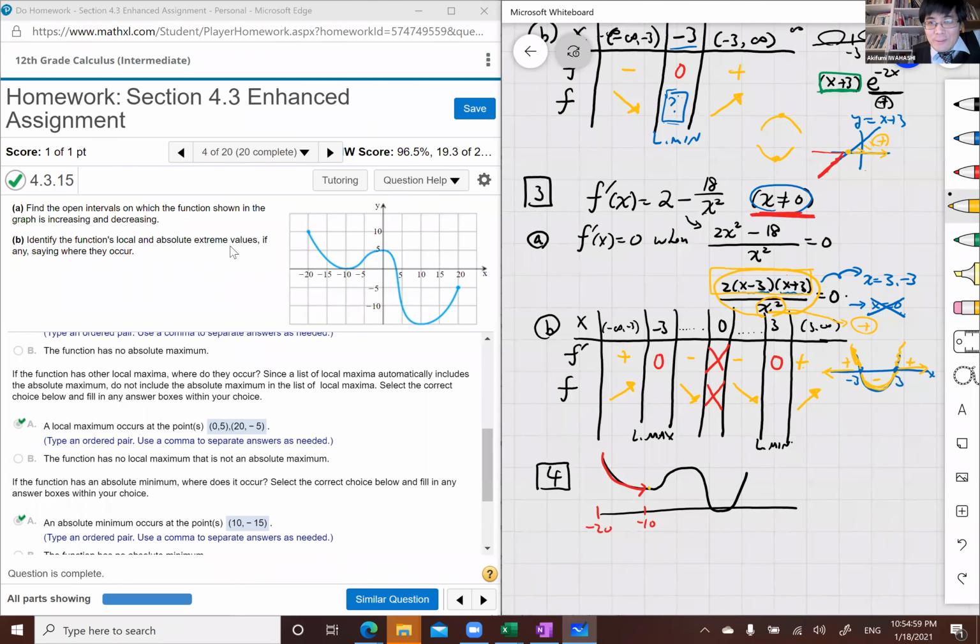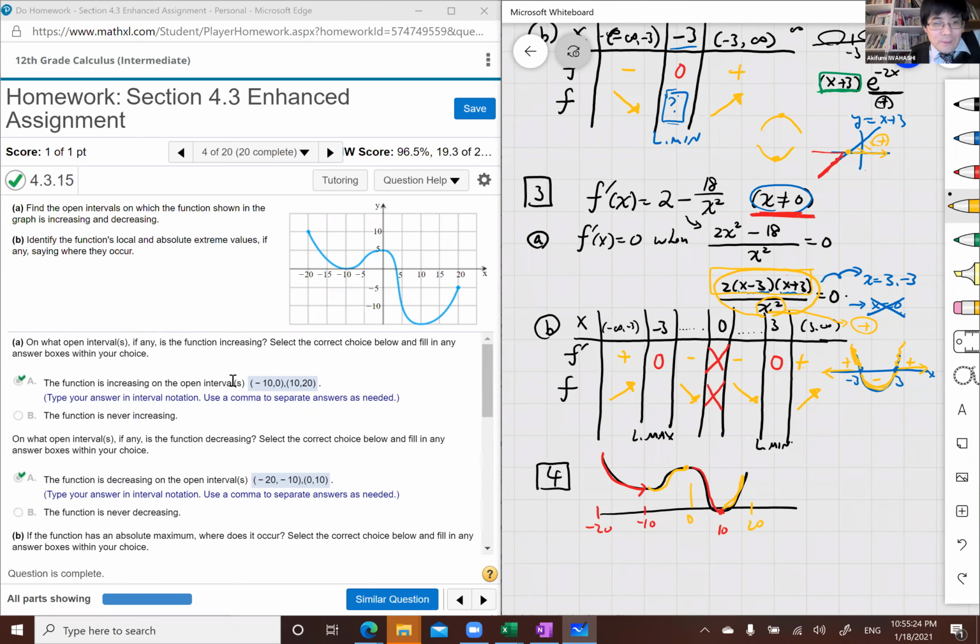Increasing from negative 10 through 0. And it's decreasing between 0 through 10. And increasing from 10 through 20. So the function is increasing between negative 10 through 0 and 10 through 20. And it is decreasing on negative 20 through negative 10 and 0 through 10.